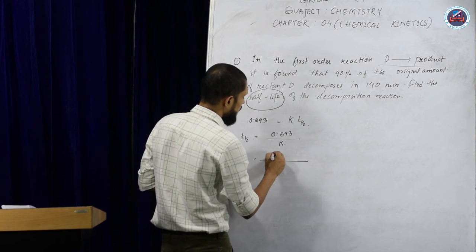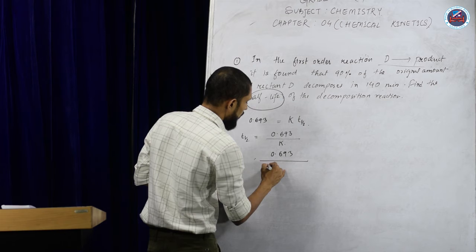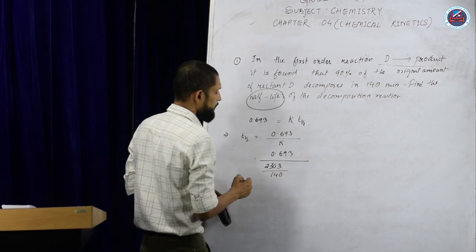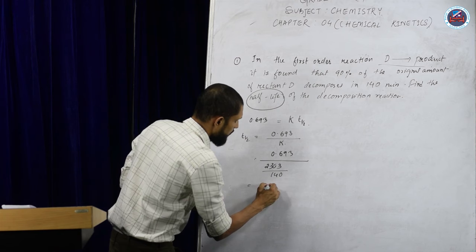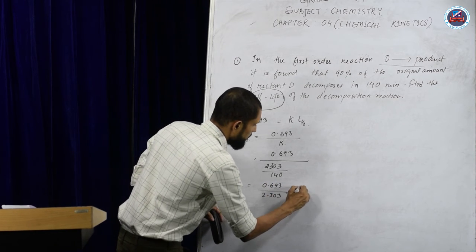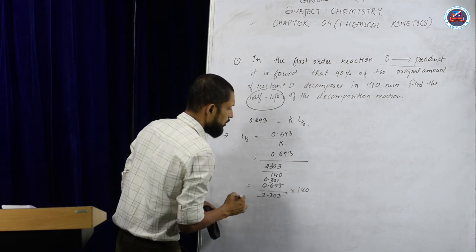So we'll put the value of rate constant, that is 2.303 by 140, which we can write as 0.693 by 2.303 multiplied by 140, 0.301.